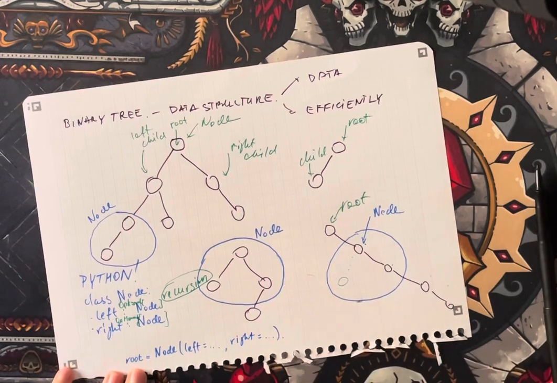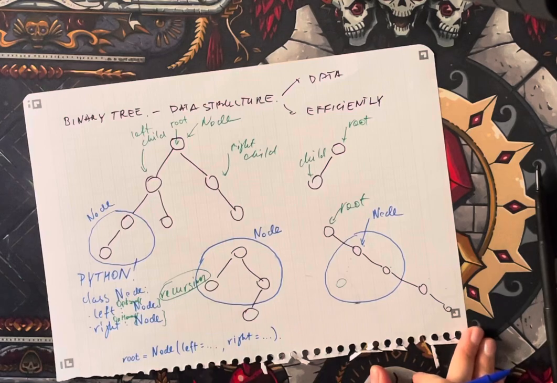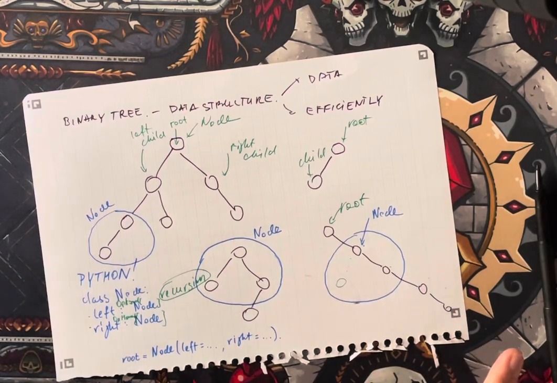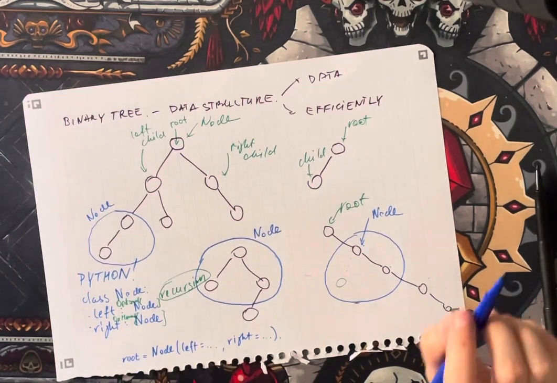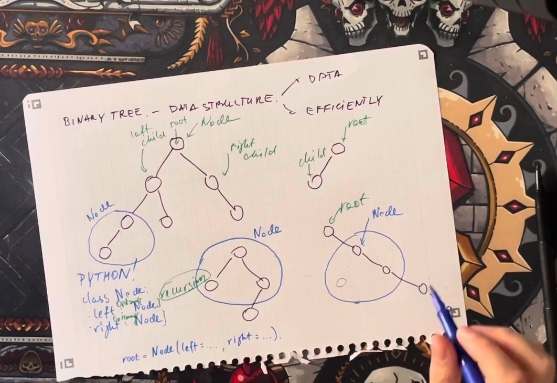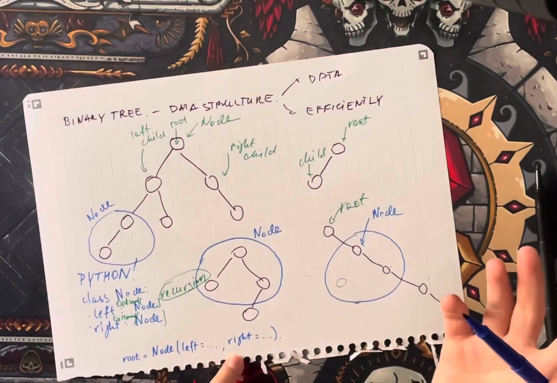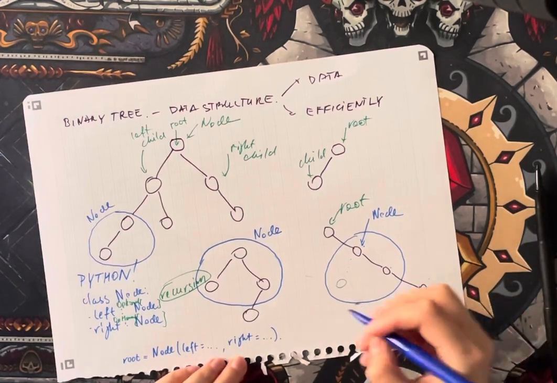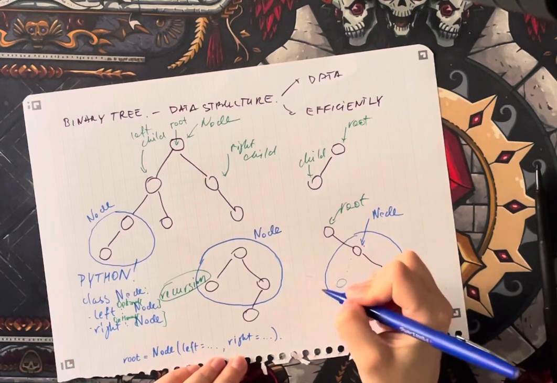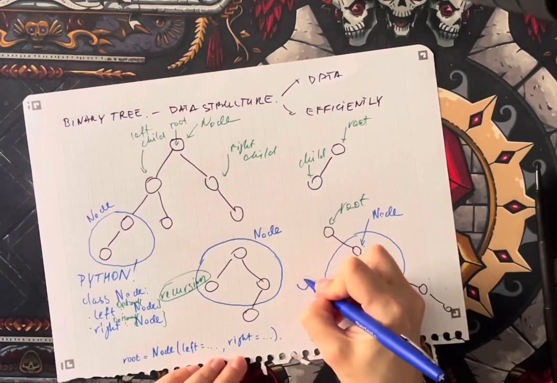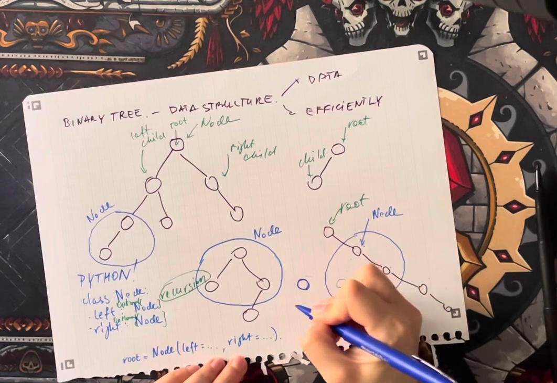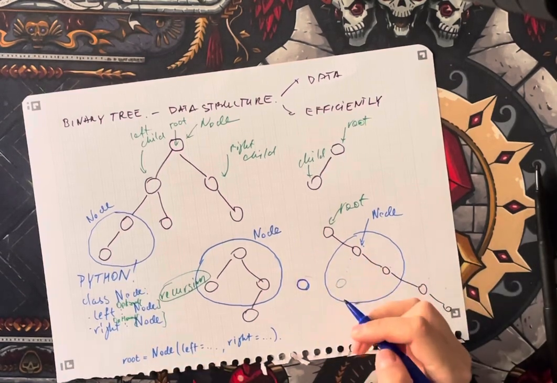So the question here is how do we make a tree, right? Because we need to populate this with some data to solve some problems about it. Let's understand how to create just not an empty node, but a node which is just like a blob without children.